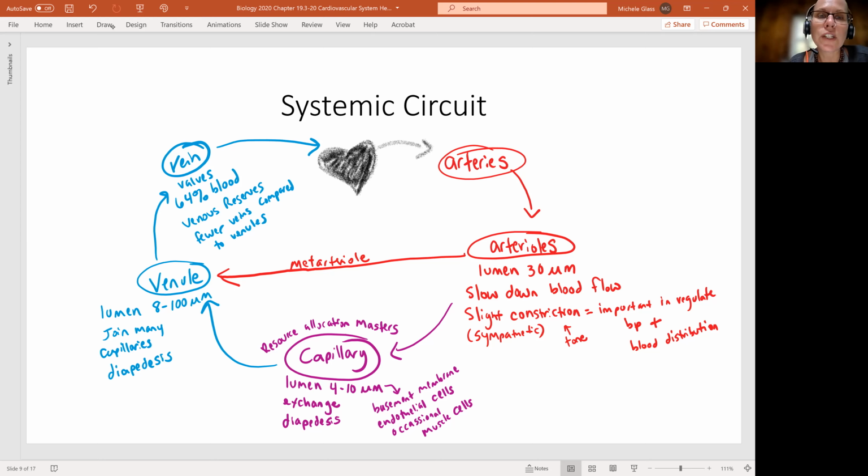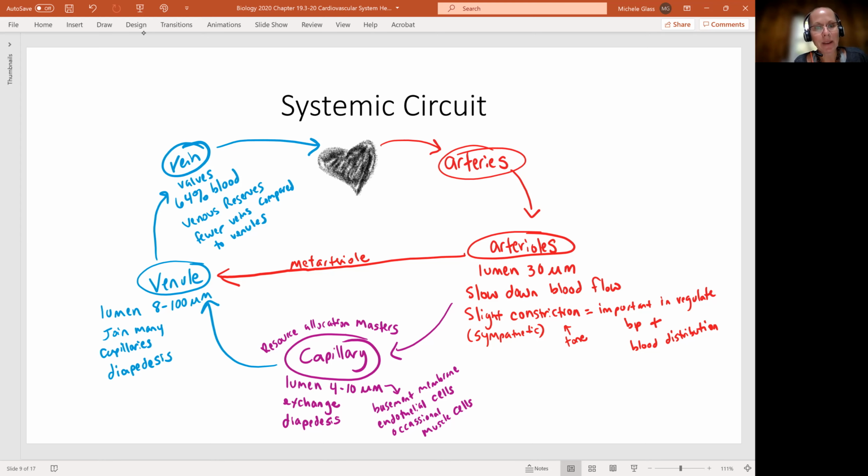The other important feature to pay attention to here is, obviously, when we talked about blood leaving the heart, moving into the arteries, we can represent all of that as red to indicate it's oxygenated blood. So oxygenated blood is moving through the whole arterial system. That's arteries and arterioles.